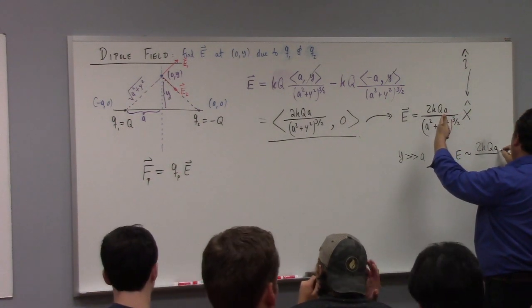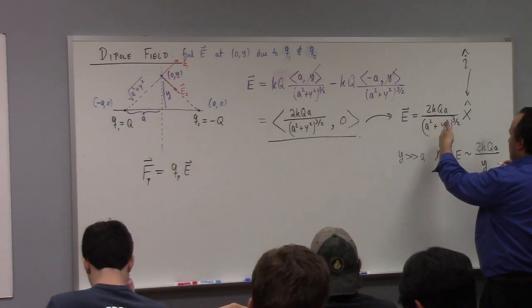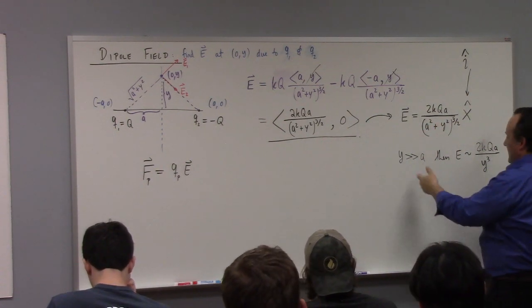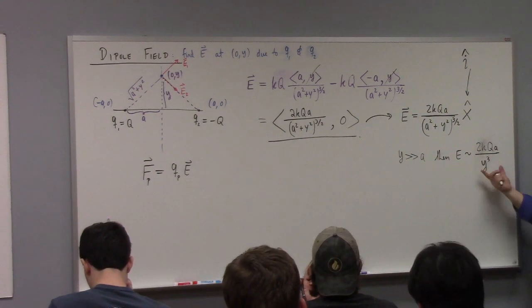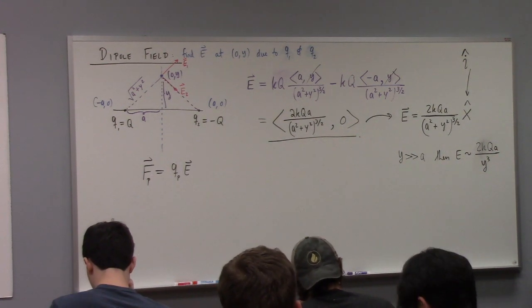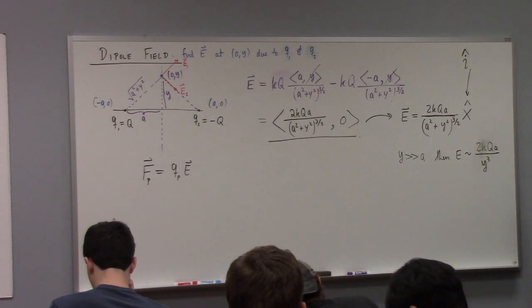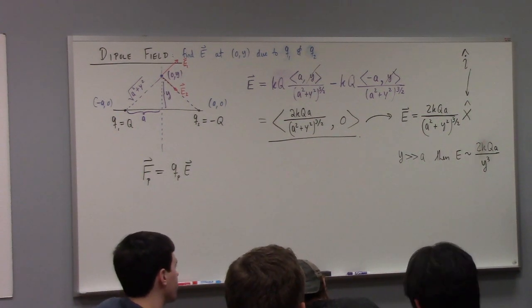We could leave the a up here, and then essentially it's just y to the what? Y to the third. I mean, if a is stupidly small compared to y, then the electric field is essentially like this. In other words, the magnitude of the electric field for a dipole dies off like the cube of the distance. That's different.